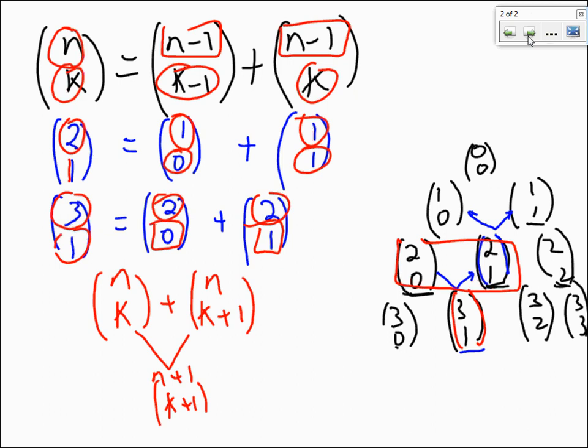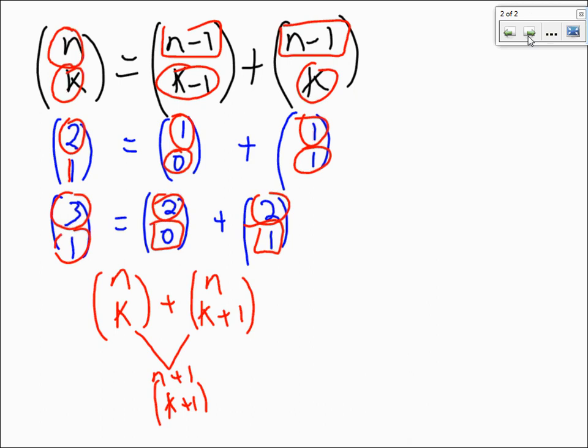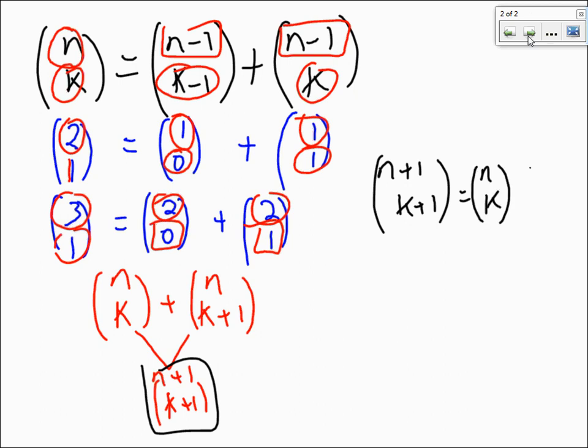Now, that does look different from the top one. I admit that. I'm not saying it's wrong. I'm saying that this N plus 1 choose K plus 1 is equal to N choose K plus N choose K plus 1.